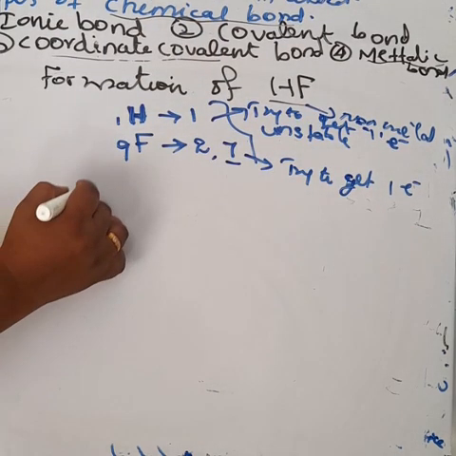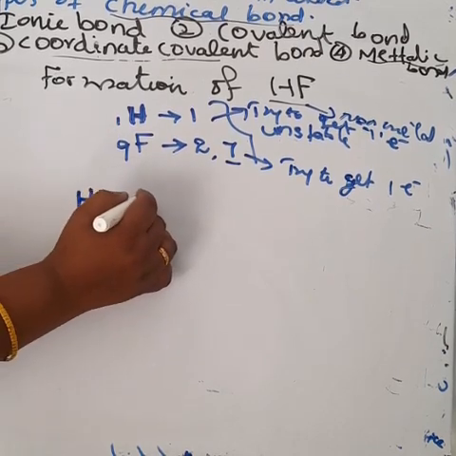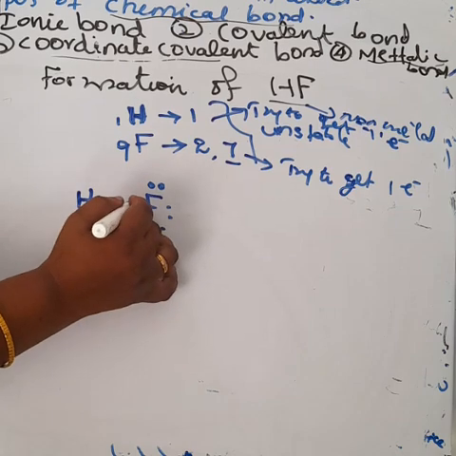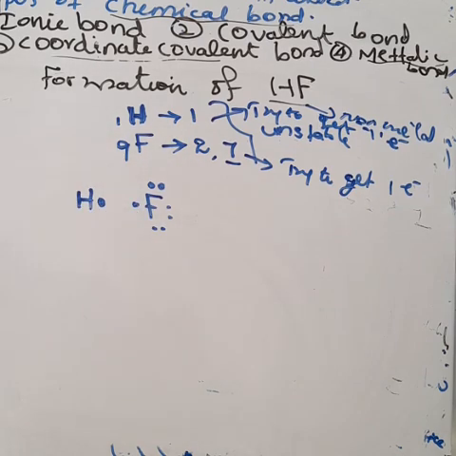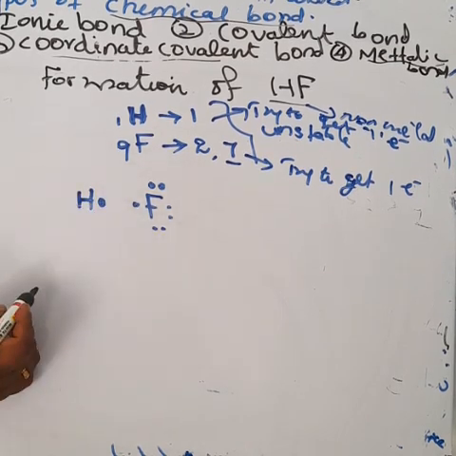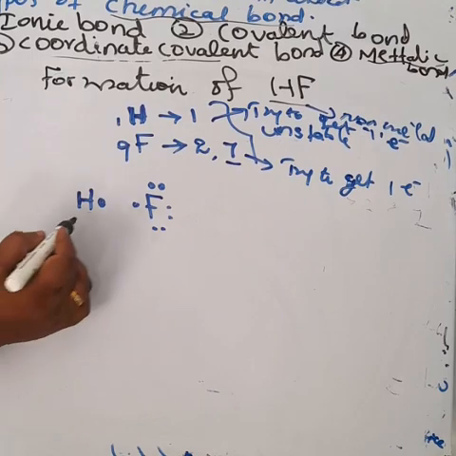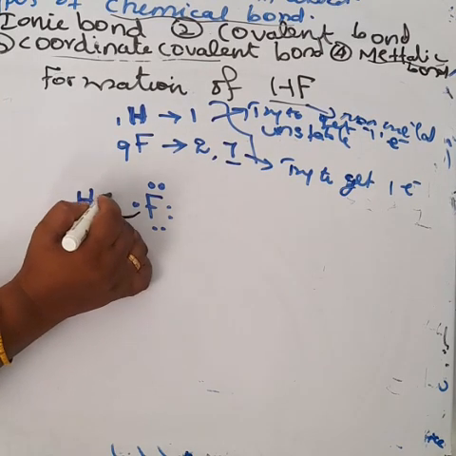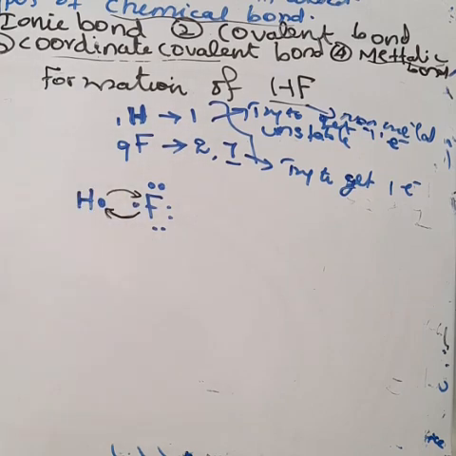Okay. Now it is not stable. So the hydrogen atom gets 1 electron from the fluorine atom and gets a stable doublet configuration. At the same time, the fluorine atom gets 1 electron from the hydrogen atom and then gets a stable octet configuration.